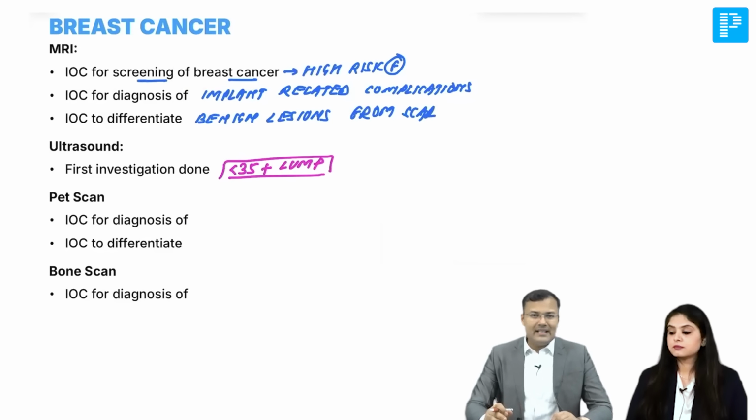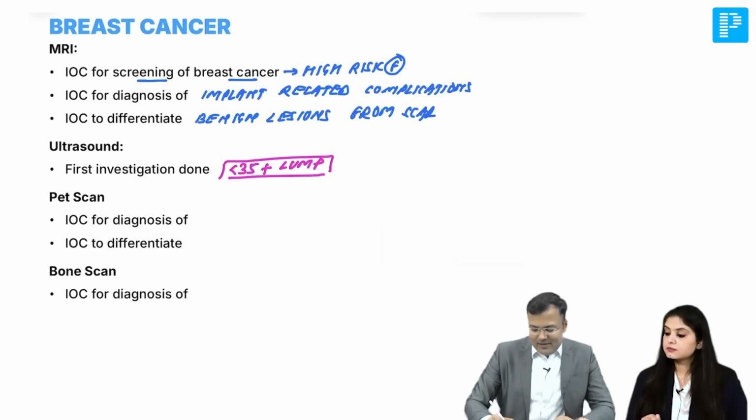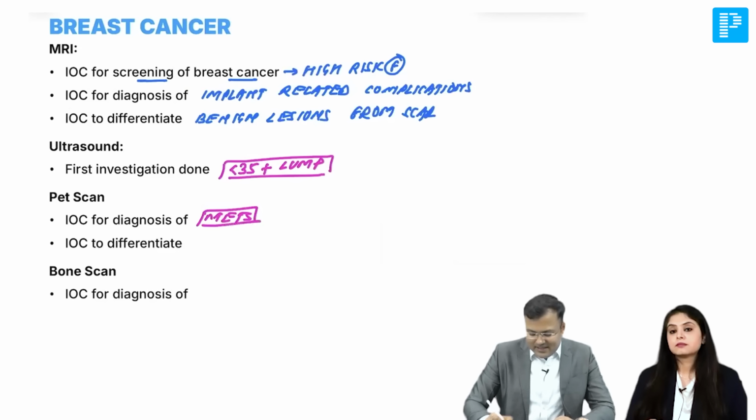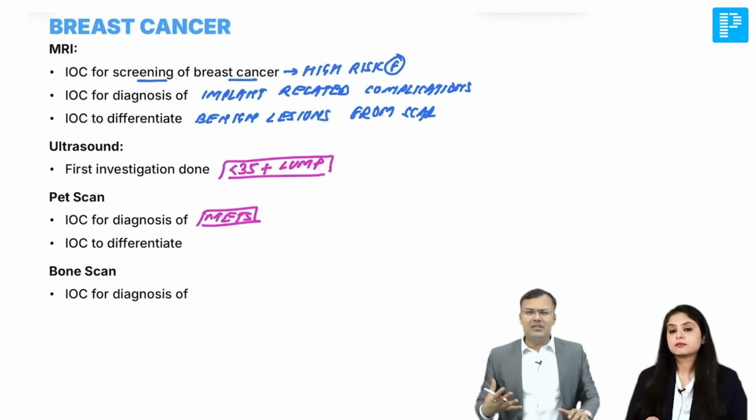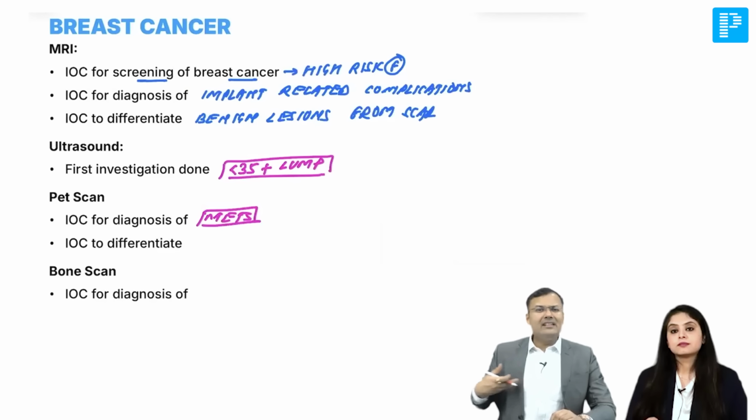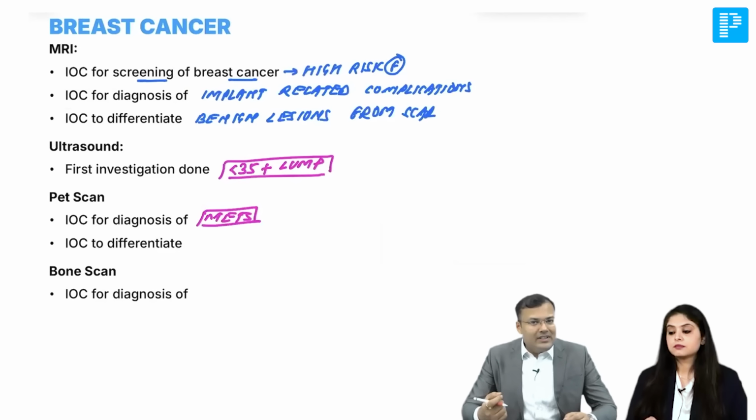And you know PET scan, positron emission tomography. Here it is used mainly for the diagnosis of metastasis, occult malignancy, mainly the metastasis. And imagine you perform the surgery for breast cancer. The patient comes to you after 6 months saying, sir, at the site of surgery, I can feel a nodule. You can also feel the nodule. You are not 100% sure whether this is a scar, fibrosis, scarring, or a recurrence.